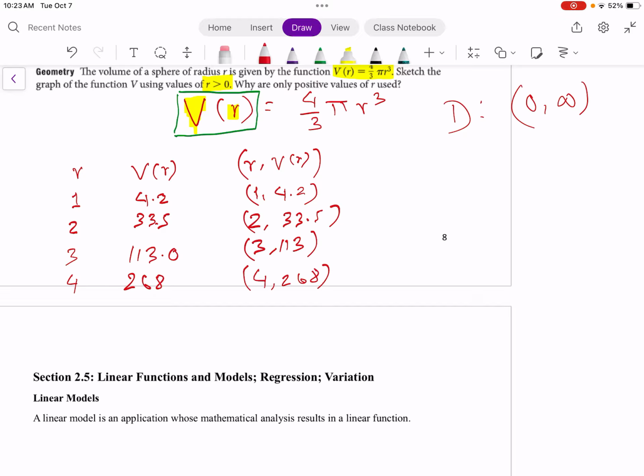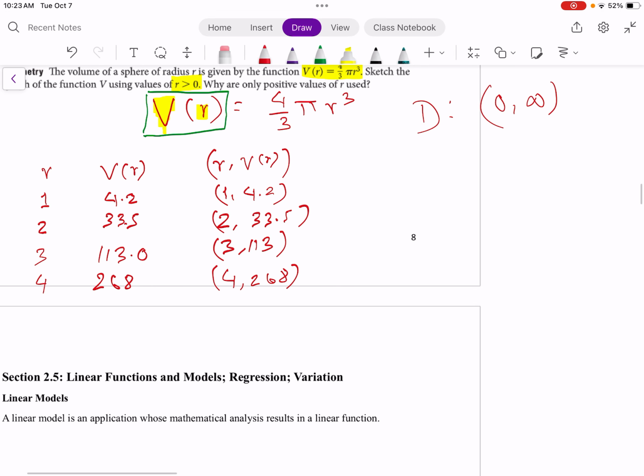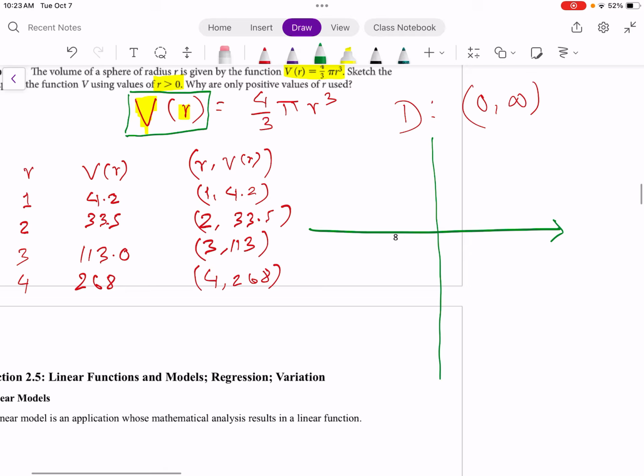So let's try to graph this. Okay, so we need the vertical axis, we need the horizontal axis. What do we call the horizontal axis in our case? It's not the x-axis. What do we call it here? R. Okay, input.